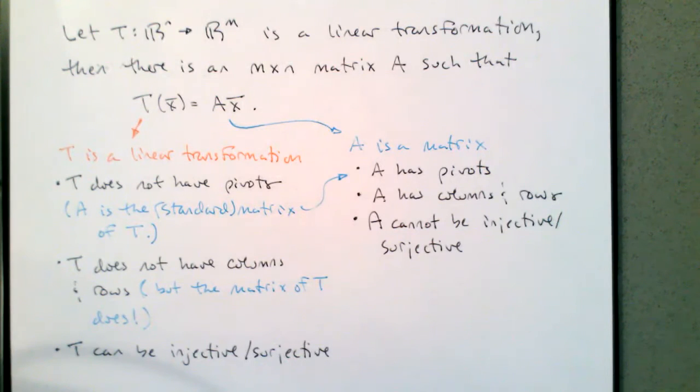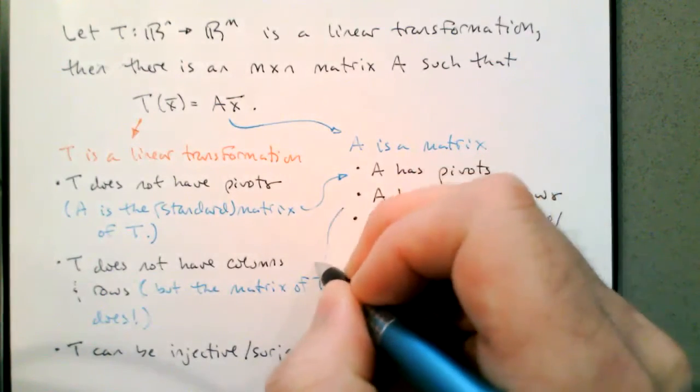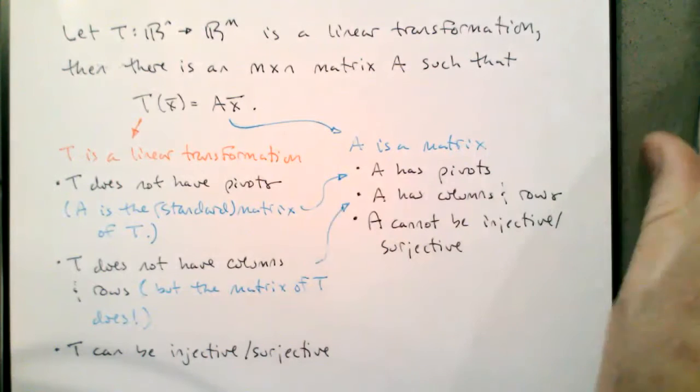T does not have columns and rows because T is a transformation and not a matrix. But the matrix of T does have columns and rows. So we've got to be careful when we're talking about the transformation or the matrix of the transformation.